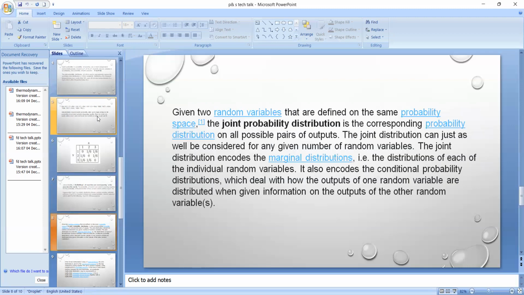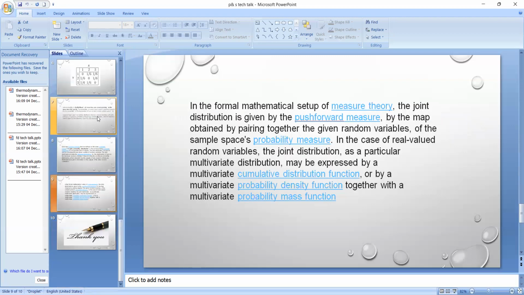Given two random variables that are defined on the same probability space, the joint probability distribution is the corresponding distribution on all possible pairs of outputs. A joint distribution can just as well be considered for any number of random variables.